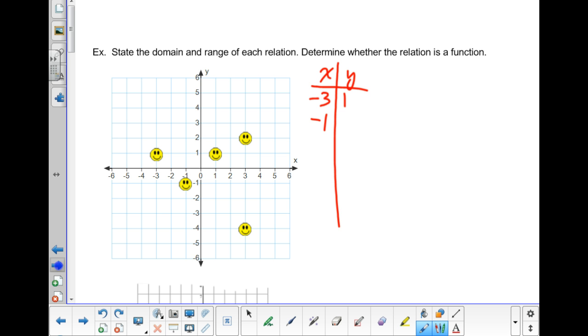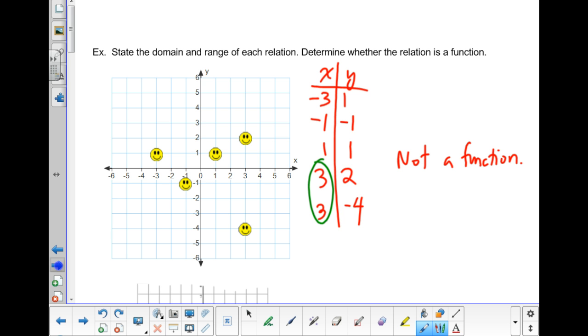And then I've got -1, -1. And then I've got 1, 1. And then I've got 3, 2. And then I've got 3, -4. By listing these out in an XY table, I can see that these x values right here repeat. So this is not a function.